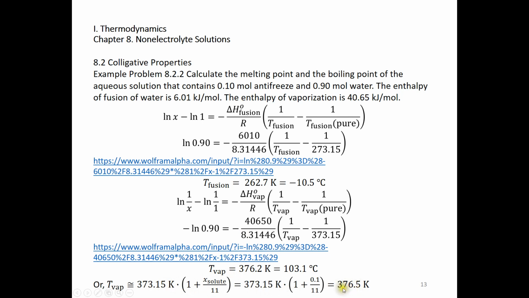We also get roughly 376 Kelvin, so these two match approximately. The one on top is supposed to be more accurate. This one is less accurate because it is an approximation. We actually used the Taylor expansion of the natural logarithm of the mole fraction of water, and we used the truncated form of that Taylor expansion.